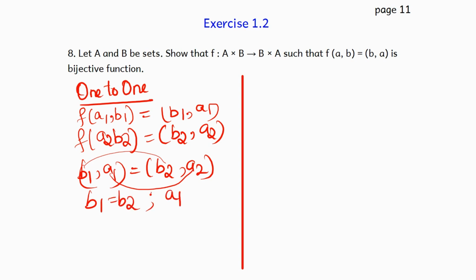That is, every element will have a distinct value, so it is a one-to-one function.